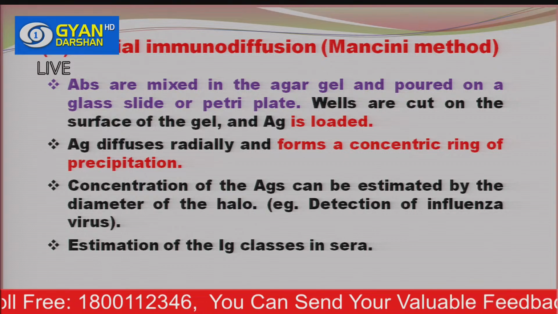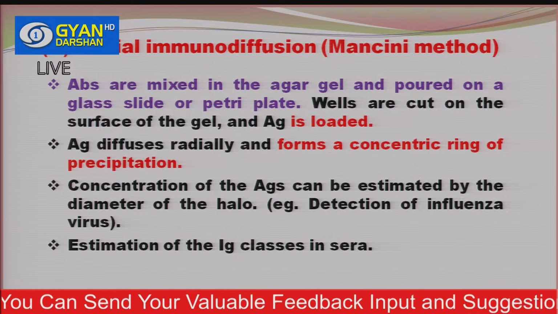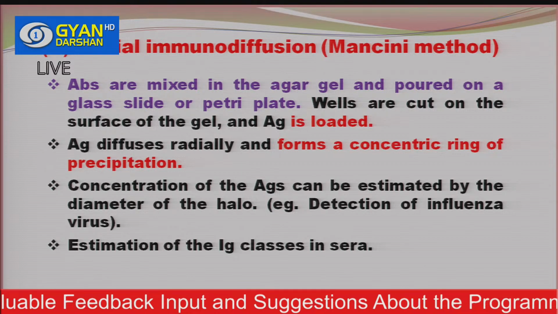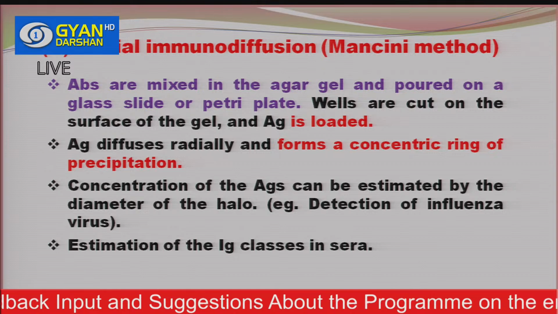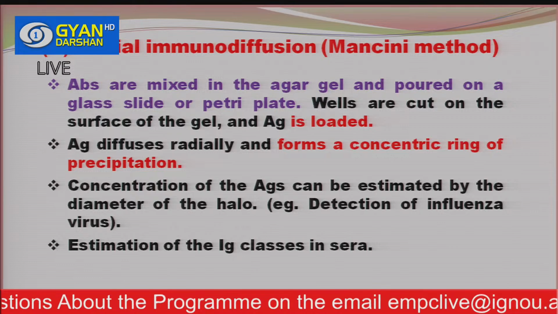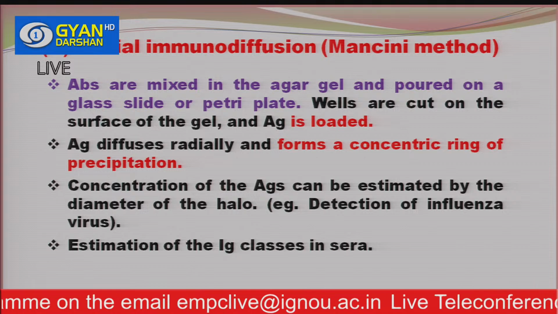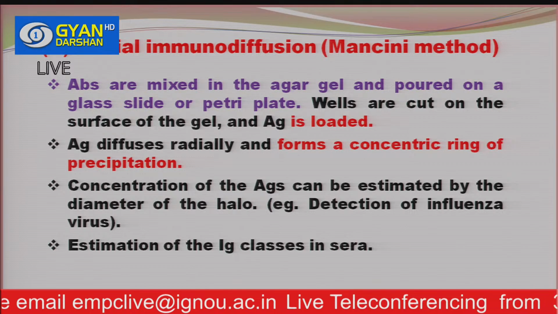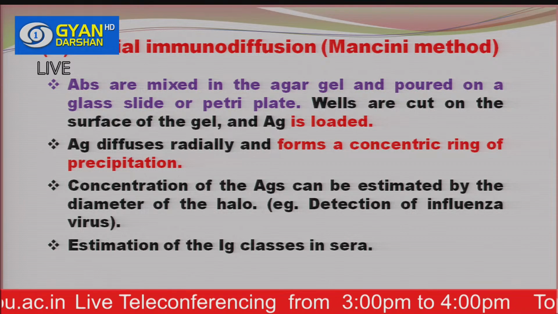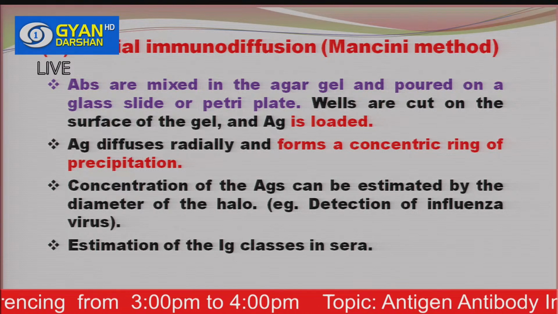The antigen diffuses radially and forms concentric rings of precipitation, and the concentration of antigen can be estimated by the diameter of the rings. We can utilize it for detection of various pathogens like influenza viruses, and we can estimate Ig classes and different immunoglobulin classes in the sera. So we can utilize radial immunodiffusion by the Mancini method.